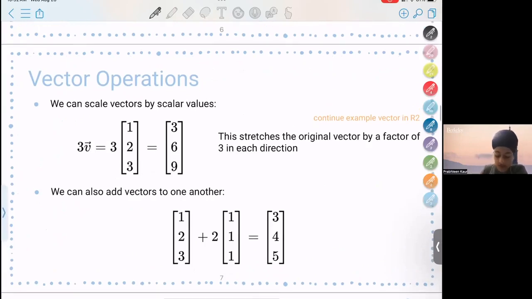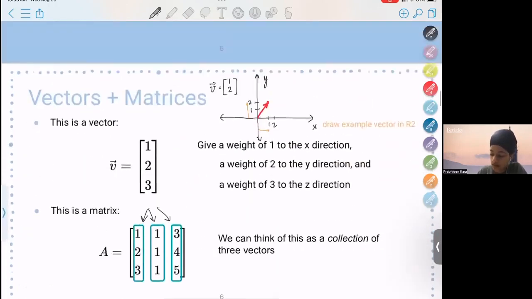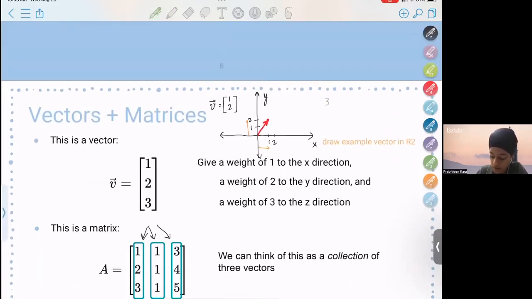So this is one example, 3 being the scalar in this case, and you would just multiply it by every number in the vector and get 3, 6, 9. And if you were imagining that vector that we drew on the previous page, if now I was going to draw 3 times the vector v, it would get 3 times longer. I won't measure it out, but you get the idea.